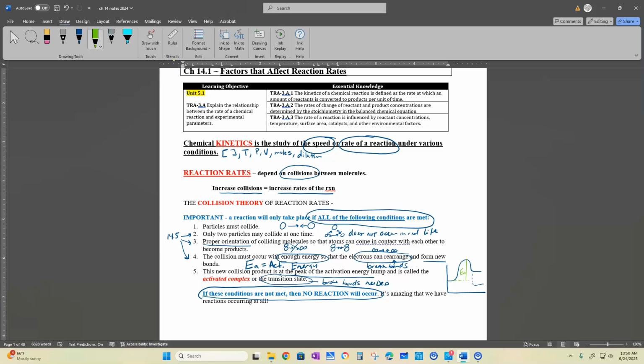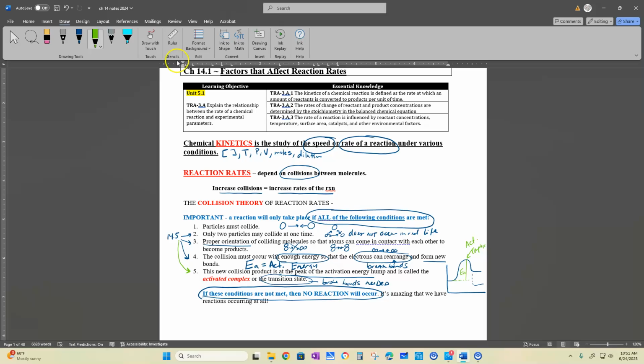This is the energy needed to get the reaction going. But when you get to the very top of the hump, that's called the activated complex. We're going to go into great detail with these graphs, same thing, 14.5. But even if just one of these 5 conditions isn't met, you don't have a reaction.